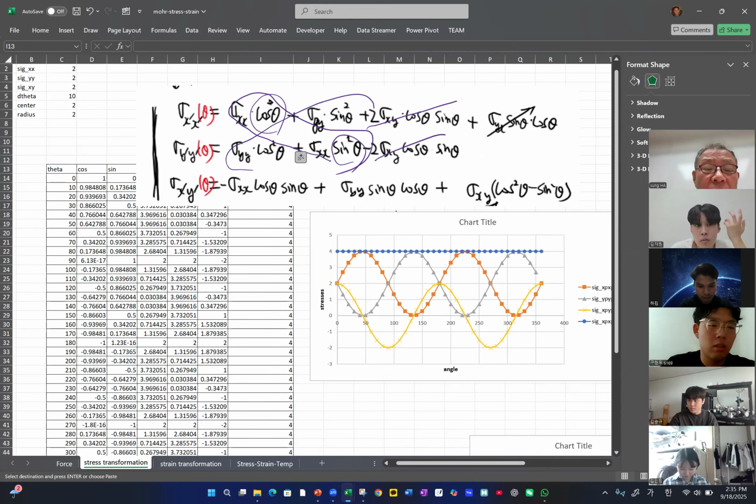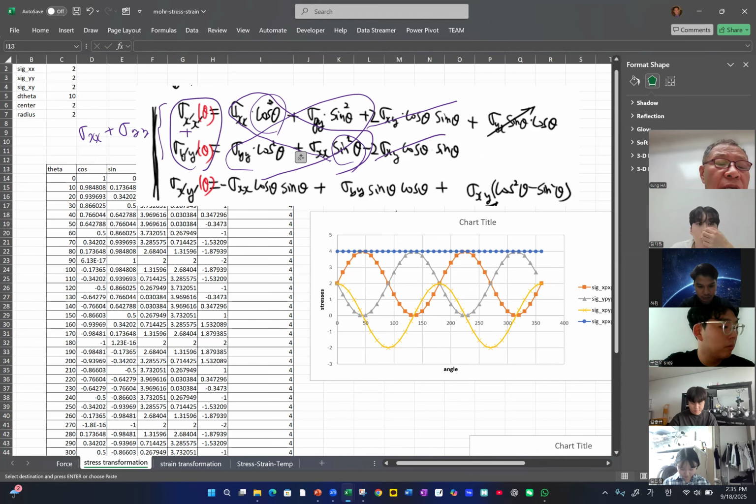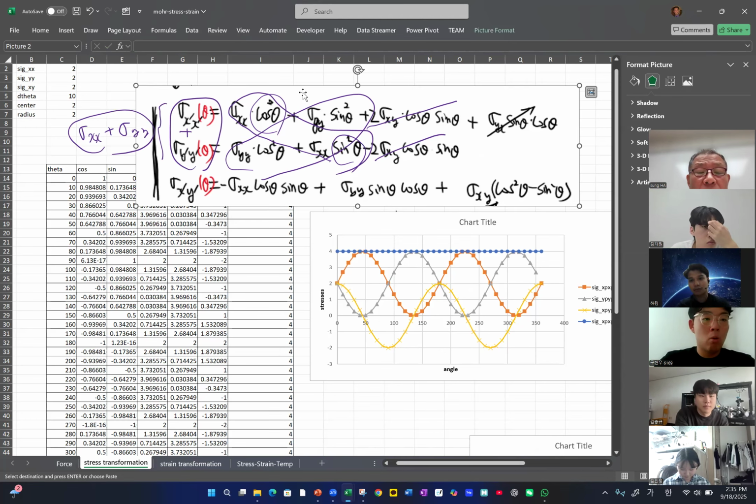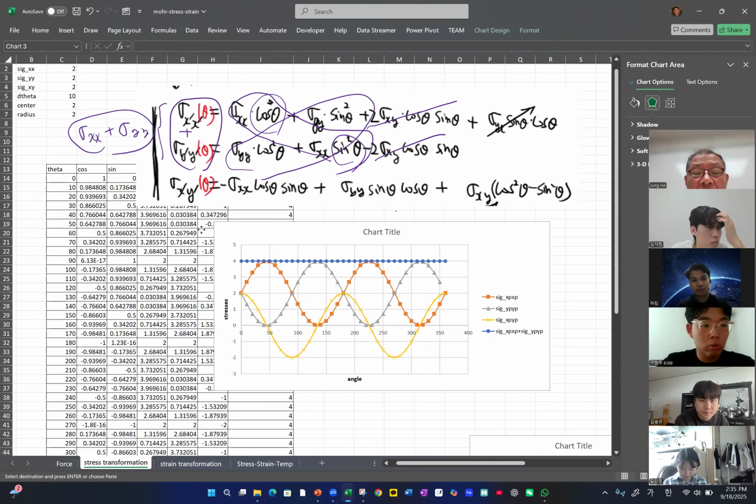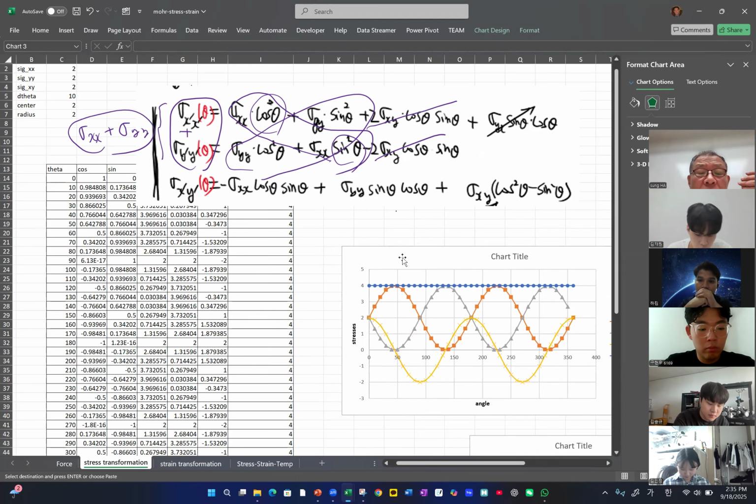And this one, sigma yy, and cosine. So actually, if we add them, we simply have sigma xx plus sigma yy. Adding them gives us the same sigma x plus sigma y. So we numerically confirm that, and we also graphically confirm that. That's the concept of the invariant.